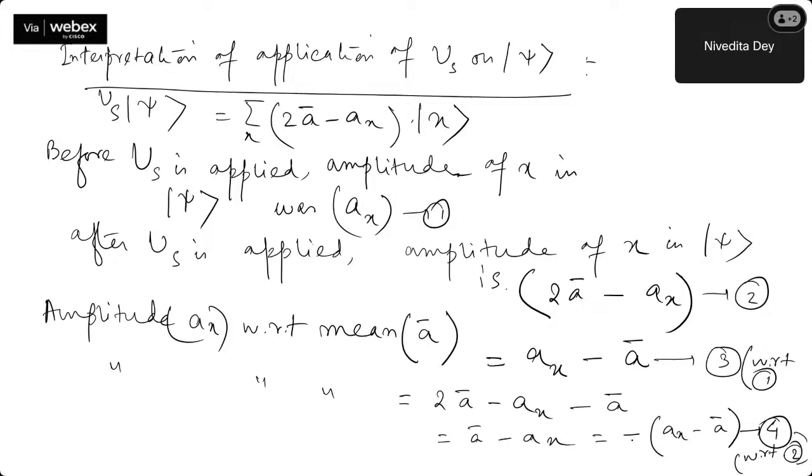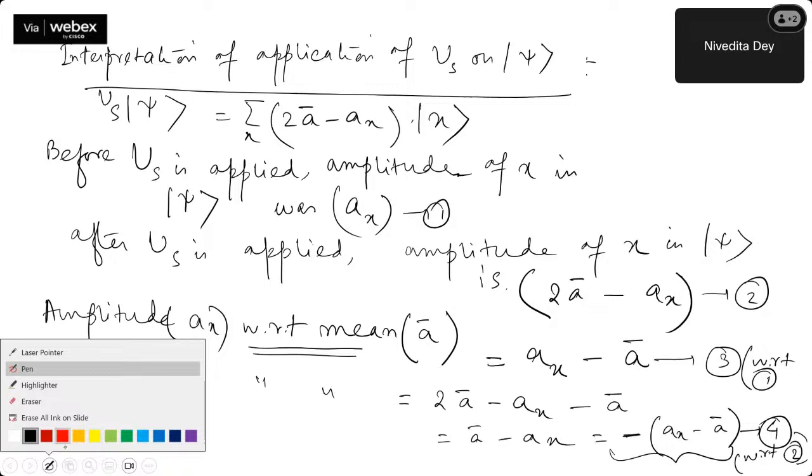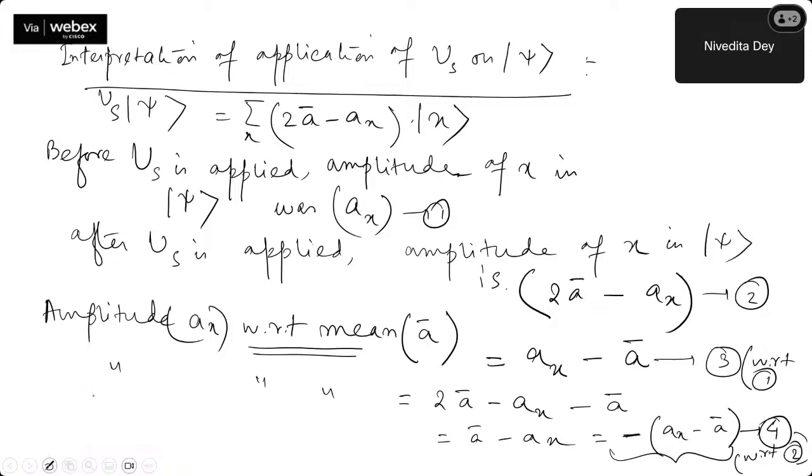Now if you see, this is an inversion about a mean. There is a form of an inversion at least. And with respect to mean, it is happening. So that means we can clearly see, let me write it down, inversion. Yes.